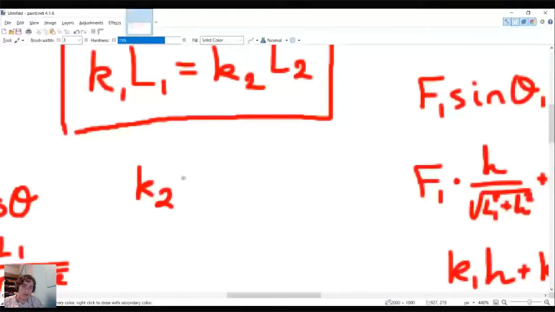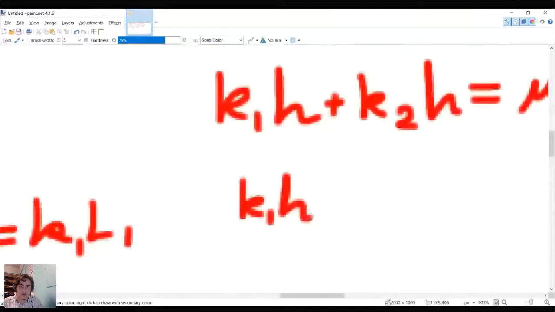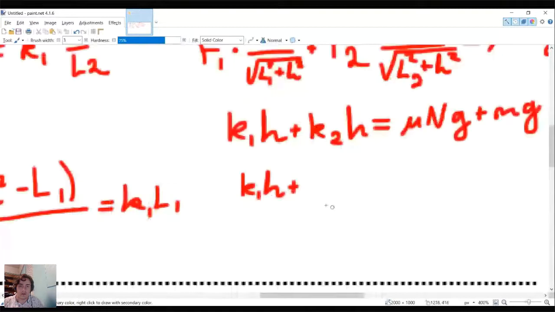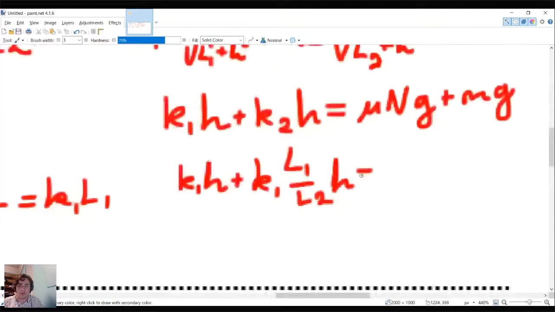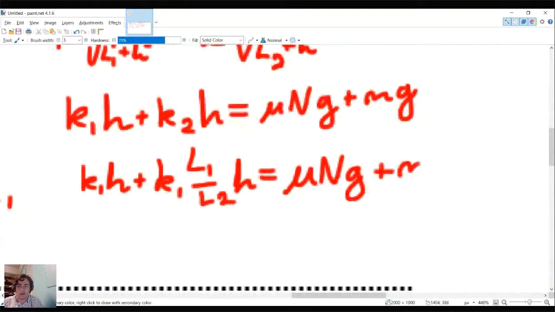K2 is equal to K1 L1 over L2. So we can substitute this in for K2 right here, and we get K1H plus K2, which is just this expression, K1 L1 over L2 H is equal to mu ng plus mg.